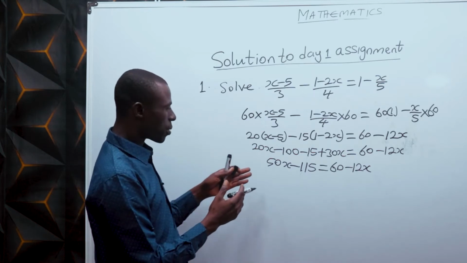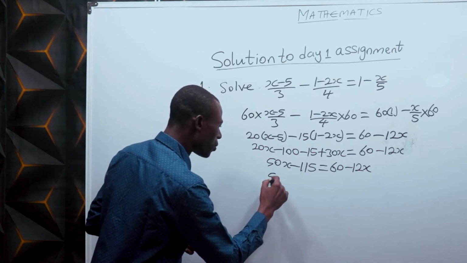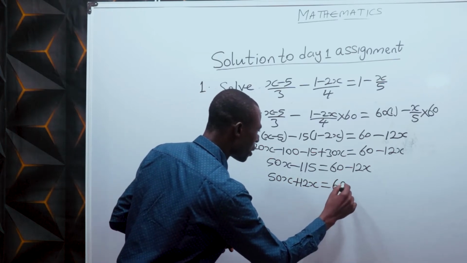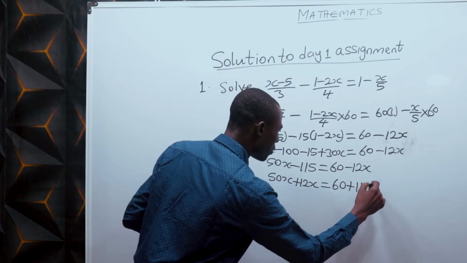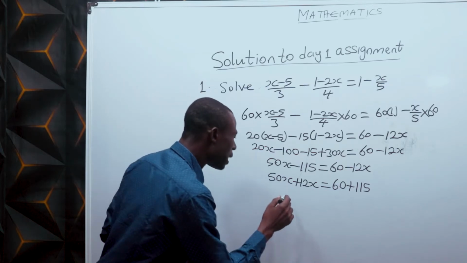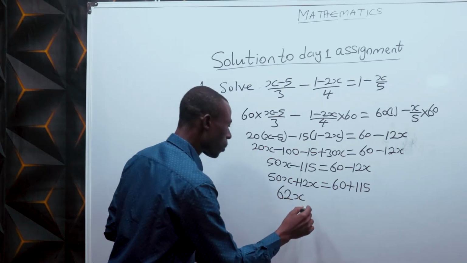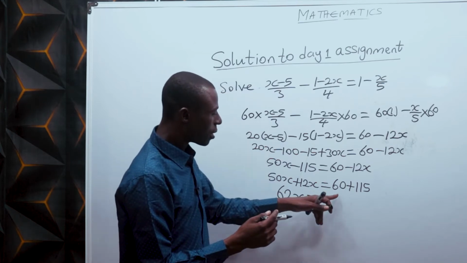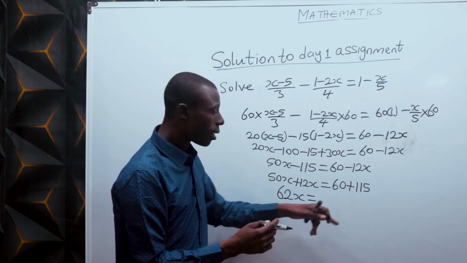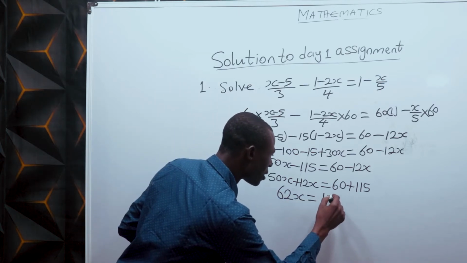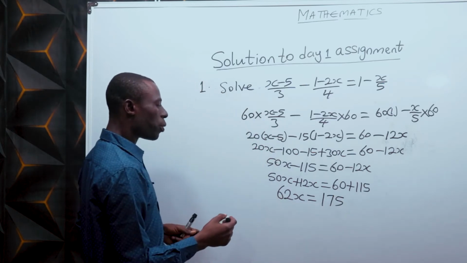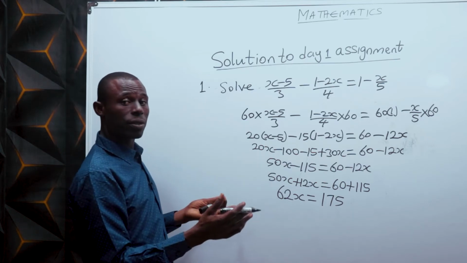We collect the like terms here now to have 50x plus 12x, which is equal to 60 plus 115. 50x plus 12x gives 62x, which is equal to 60 plus 115. What is that? That is 175. Divide both sides by 62.